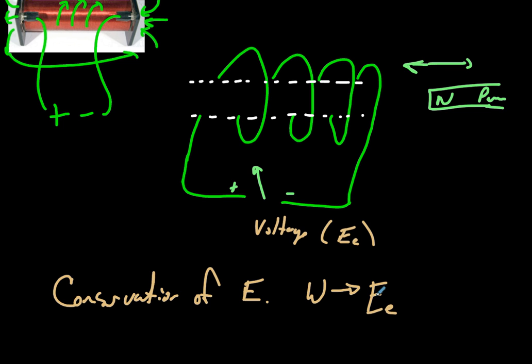You don't get a voltage for free. So what that means then is that if I'm pushing this in, I must be working as I do so, because I know in another place in this circuit, a potential is being built. So I must be applying a force in this direction, okay?